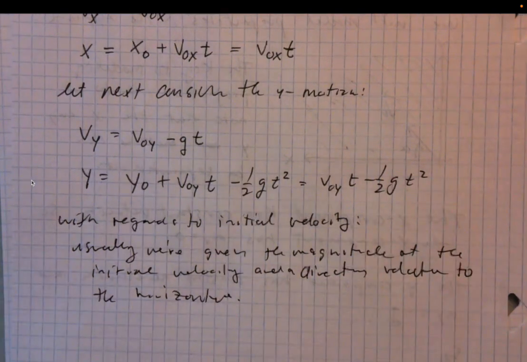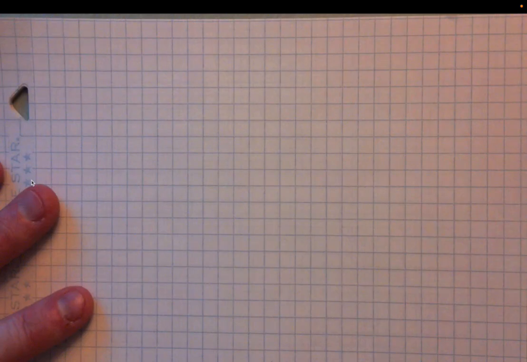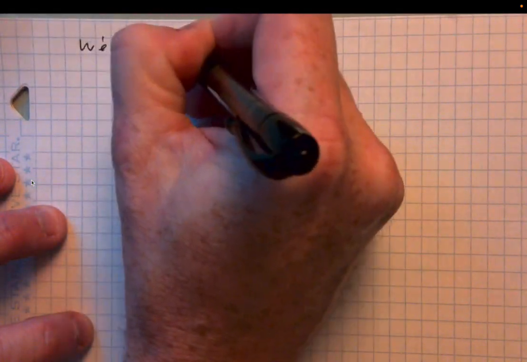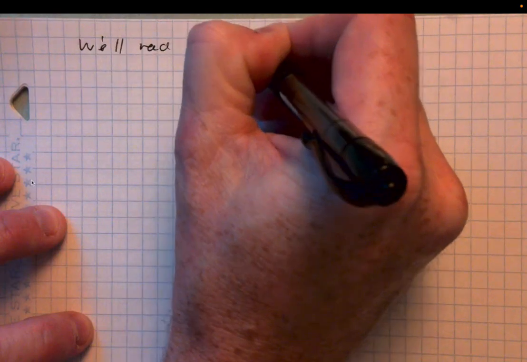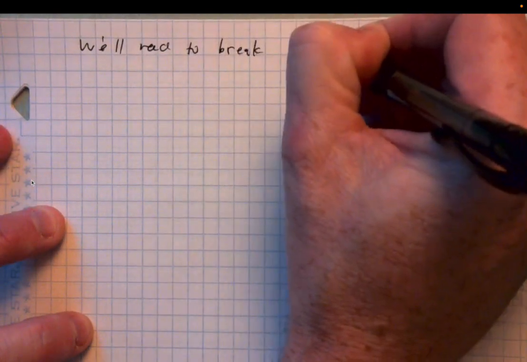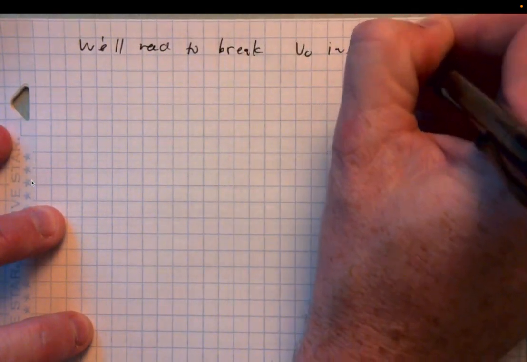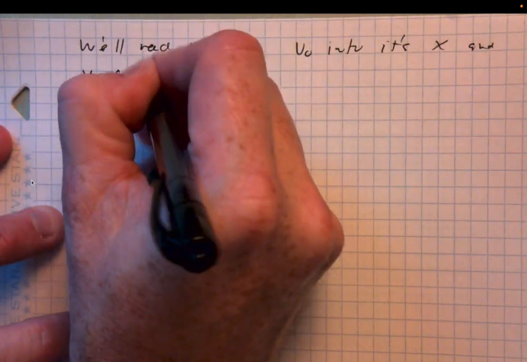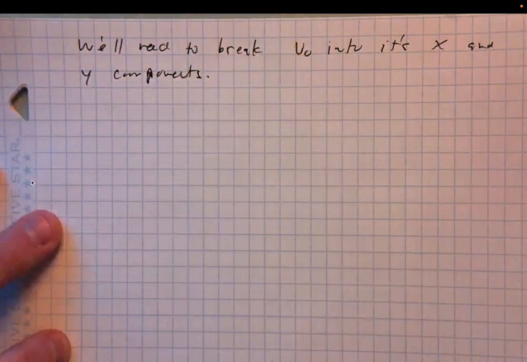That's usually the way the initial velocity is articulated to us. And so what we'll need to be able to do is break that initial velocity into its x and y components. So we'll need to break v naught into its x and y components. And that's pretty simple to do.